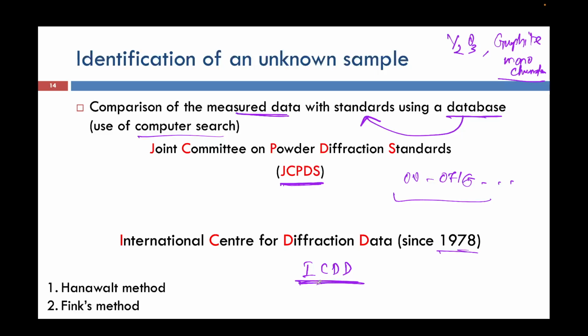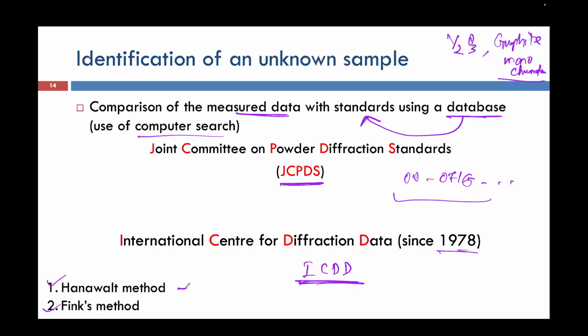And how do we? So now knowing a little bit about the standard bodies who regulate this database, we'll go a little bit into how to identify the unknown sample. There are two methods associated with it. One is the Hanawalt method, another one is Fink's method. So what does Hanawalt's method say?